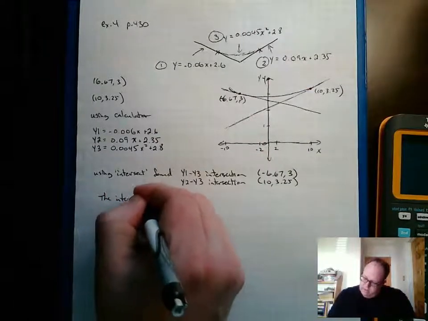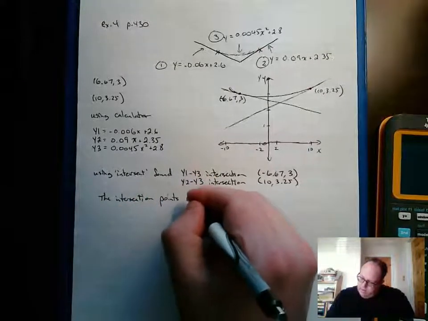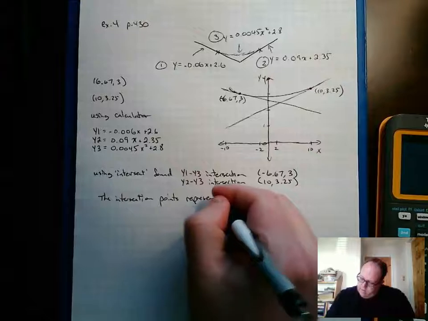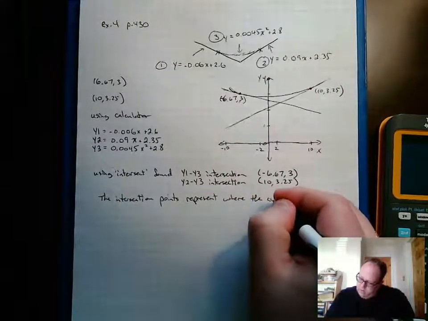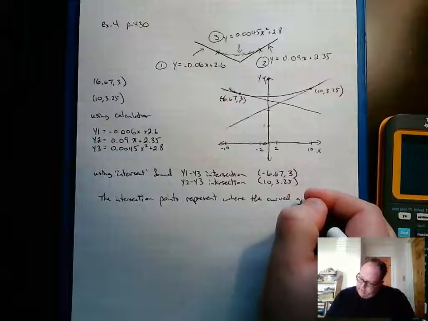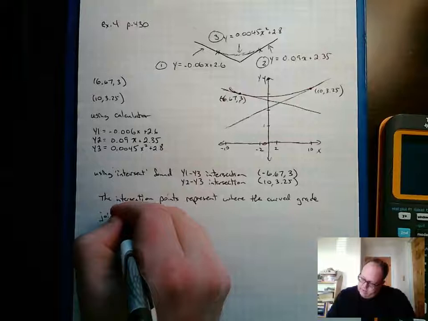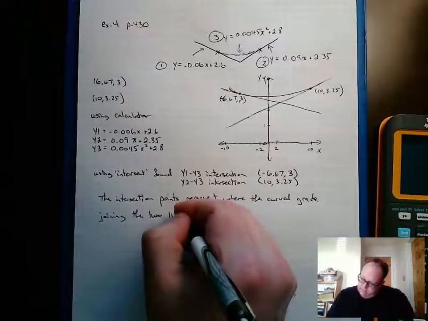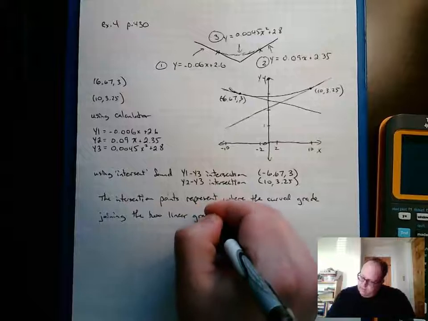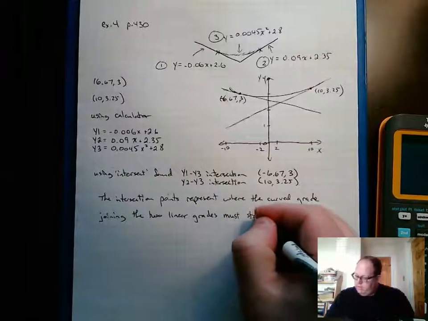The intersection points represent where the curved grade joining the two linear grades must start and stop.